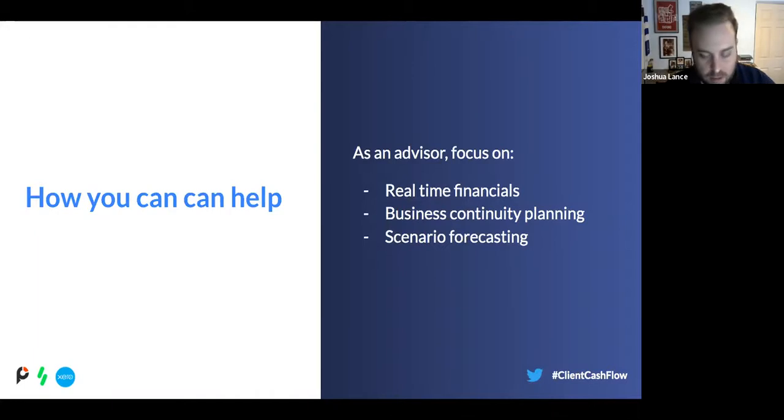Engage your team and come up with ideas too. If you have all these people you've hired, leverage them. A lot of them will have great ideas within their area of expertise in the business about how they can cut costs or do things differently to save cash. I think that's a really good way to get everyone involved.